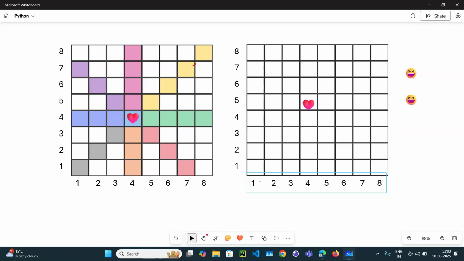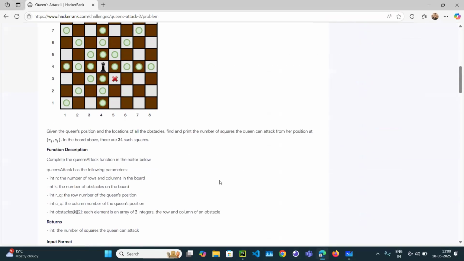So now first you need to count the number of squares the queen can attack in all directions. By just looking with the naked eye, you can easily calculate it. So let's suppose the queen is here. Let me parallelly go to the code as well, so that it will be easy for you.